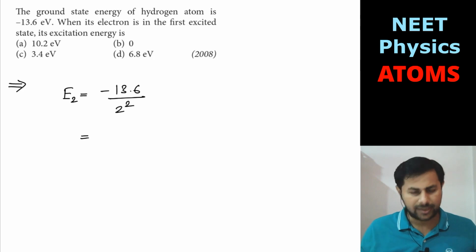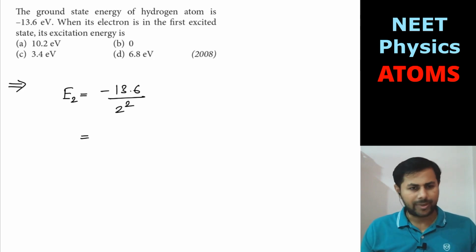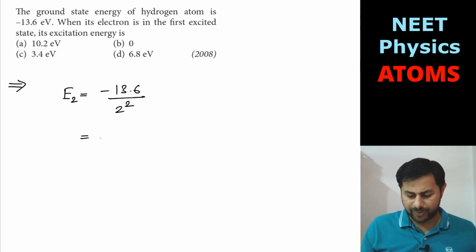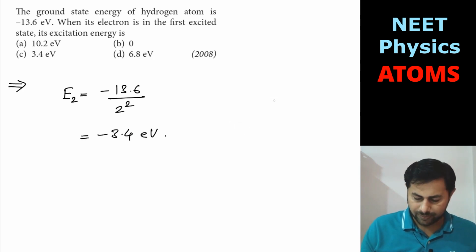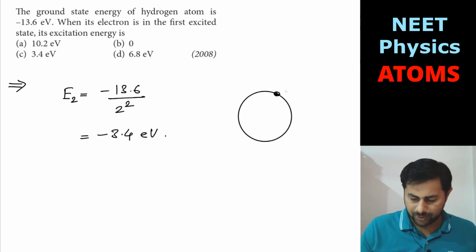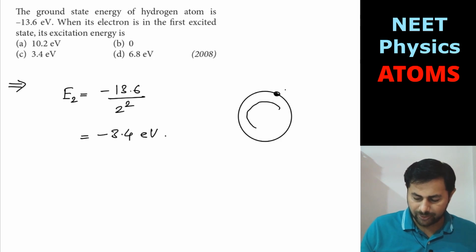I asked you to remember the energy of the first 4 orbits. So this is minus 3.4 electron volts. Now this electron is in the second orbit and its energy is equal to minus 3.4 electron volts, right?